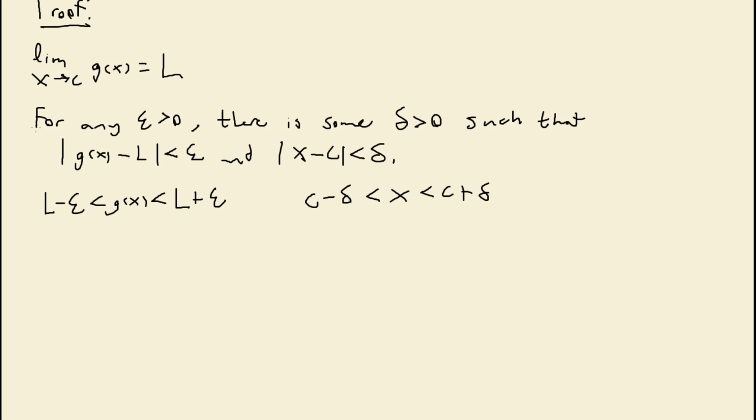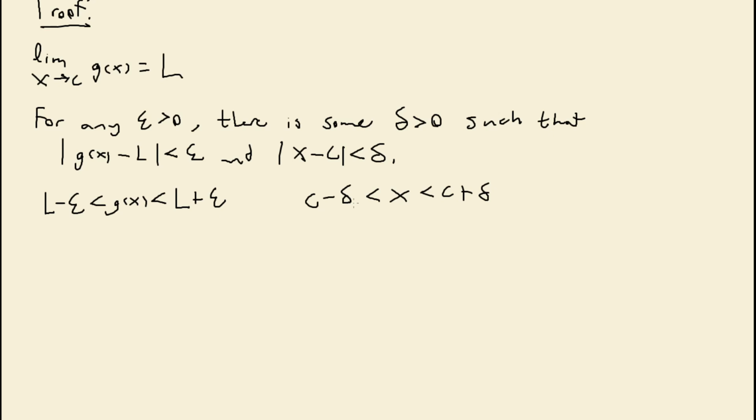And what this definition tells us is that no matter how small we try to make epsilon, meaning no matter how strict I want to restrict that domain around the y values, let's say that our proposed limit is 4, we can make epsilon 0.00001, and it would represent all the y values that are within that small amount of our proposed limit. There will always be some delta that will yield x values, which when plugged into g of x will give us y values in that domain.